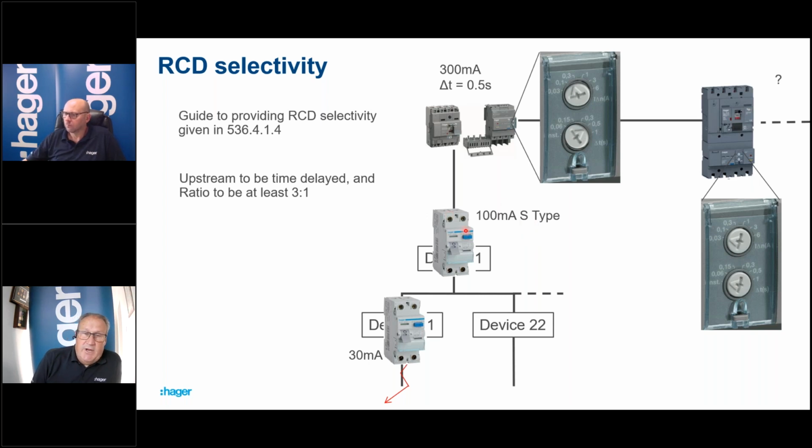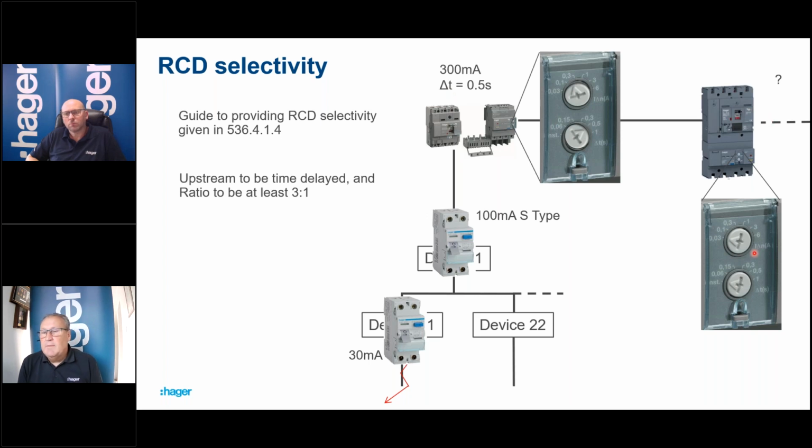So if that's the maximum operating time, if we turn this chap here to the delayed time, i.e. the wait time of 500 milliseconds, then clearly this device would have operated while this time delay is still clocking along. This time delay only expires at 500 milliseconds, in which case it starts to trip, in case this one hasn't. So that's how you provide selectivity on 3 levels.